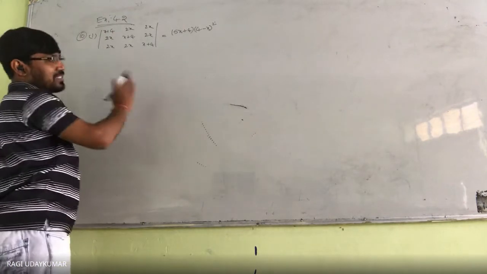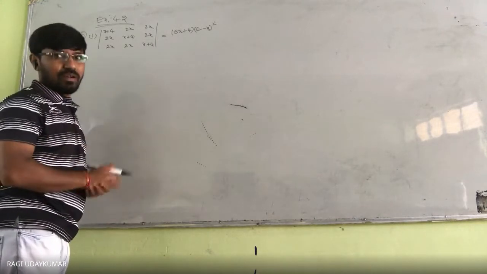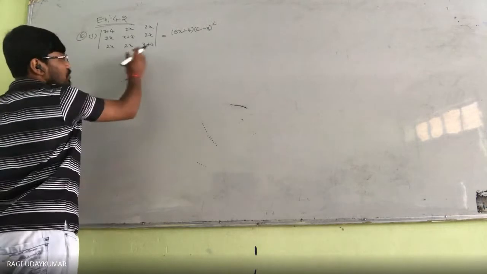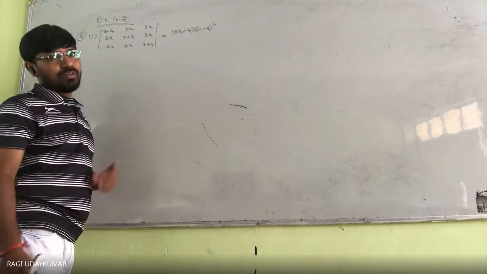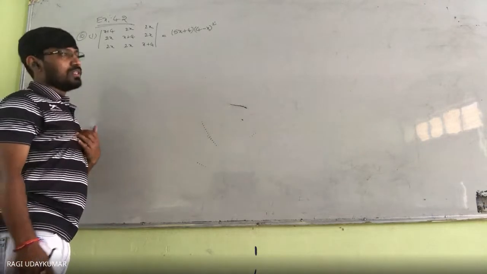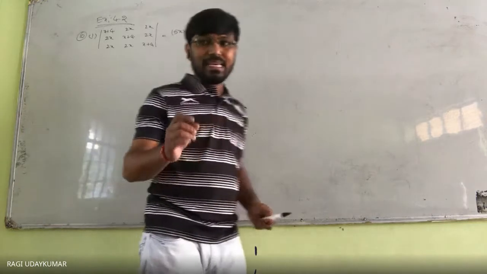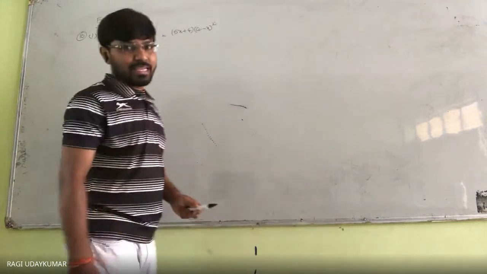R1 tends to R1 plus R2 plus R3, or C1 tends to C1 plus C2 plus C3, whatever it may be. Either 3 rows you have to add or 3 columns you have to add and replace any one, so that we are going to get one column completely or one row completely the same. That is 5x plus 4.